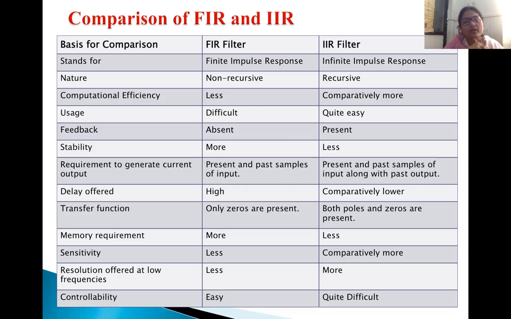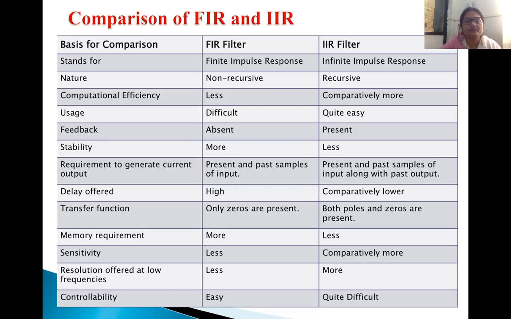So memory requirement. In the case of an FIR filter, in order to store all kinds of input and output, the memory requirement is more, whereas in the case of an IIR filter, the memory requirement is less. Sensitivity: the FIR filter is less sensitive, whereas the IIR filter is comparatively more sensitive.